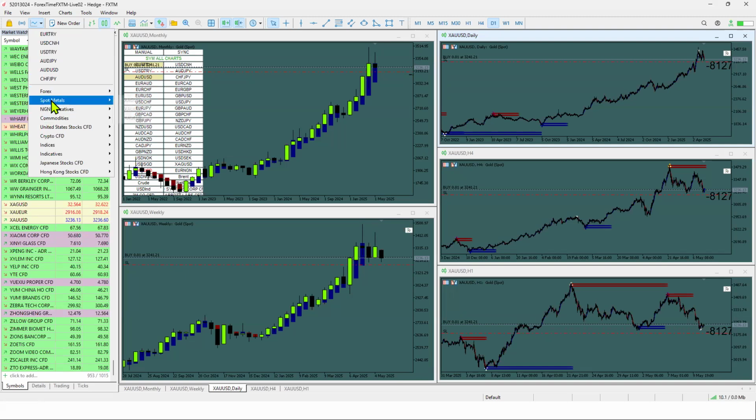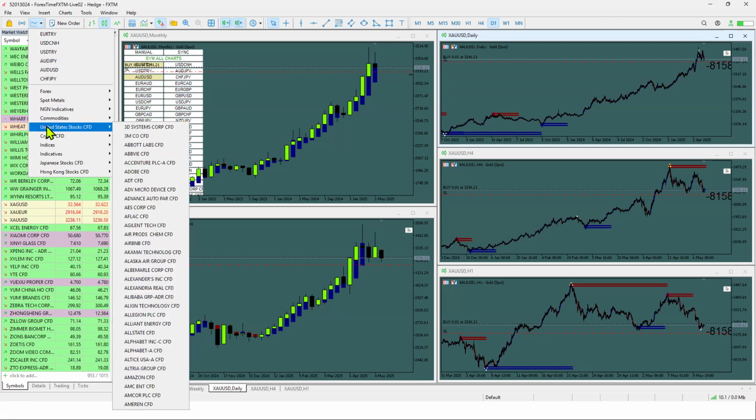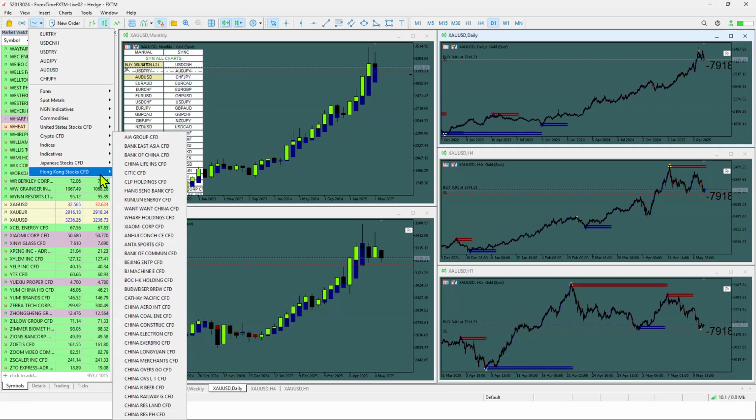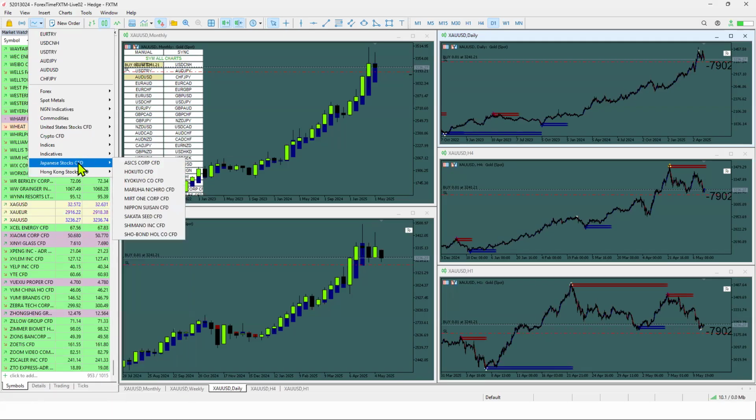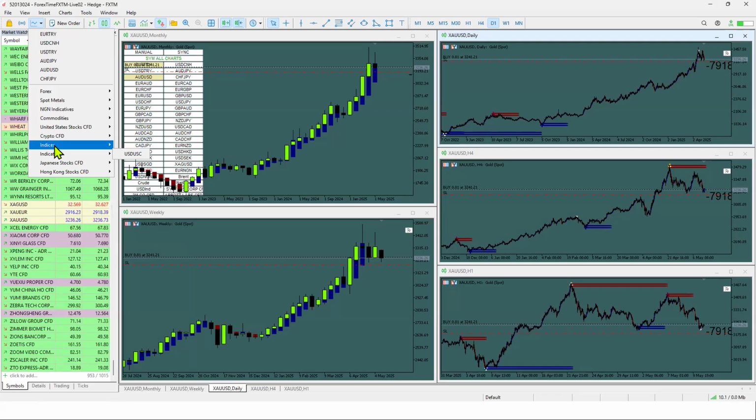Then you can see spot metals. Now see United States stocks. These are United States companies that are listed. Then Hong Kong stocks, all companies from Hong Kong. Then Japanese. Then indices. Under indices, you have several other things inside. I think they try to unify the indices.